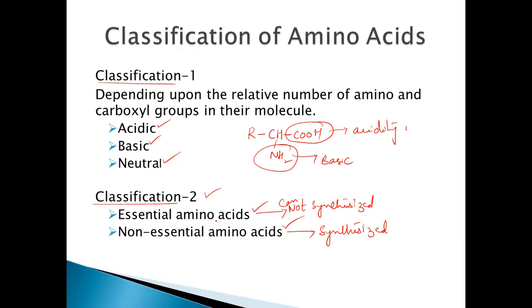It is classified based on whether they are synthesized or not synthesized in our body. Non-essential amino acids are synthesized in our body, so they need not be taken from outside. But essential amino acids are not synthesized in our body, so they should be supplemented in our diet.